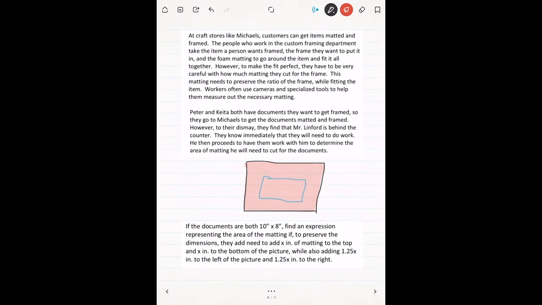We don't want all of this. We want just the matting. So if I removed all of this area, I'm kind of like punching a hole through the center of it.